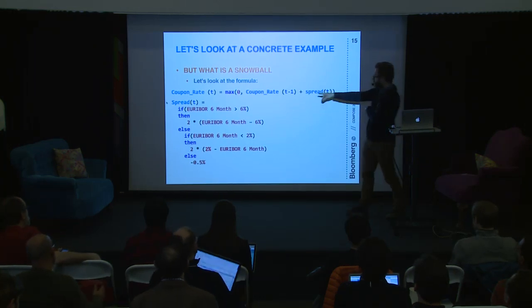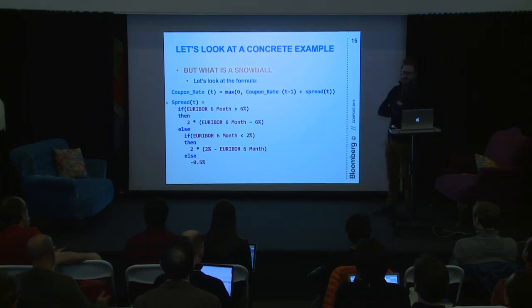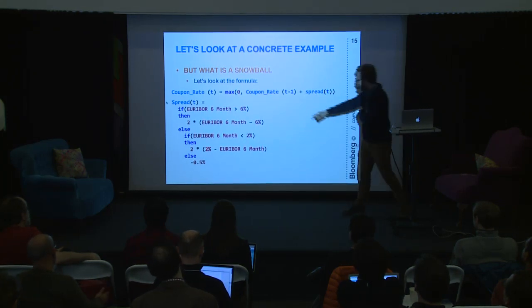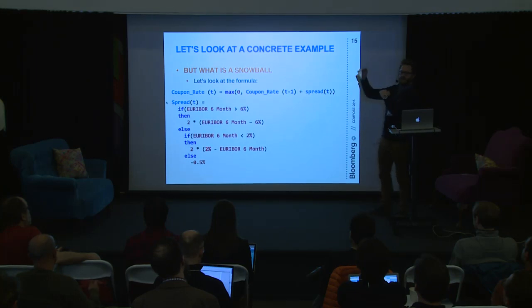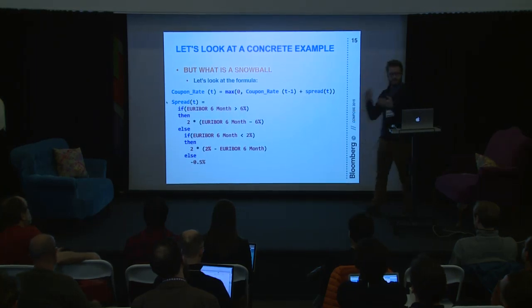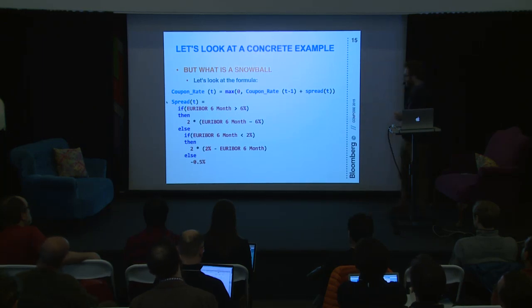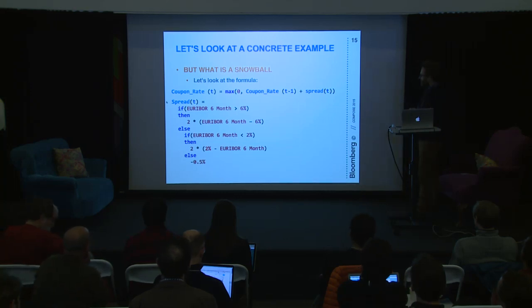If the Euribor is above 6%, then you take the difference between what it is and 6% and you multiply it by 2. Same thing if it's below 2%, you take the difference and multiply it by 2. But if it's between 2 and 6%, you actually subtract 0.5. All right. This is real.